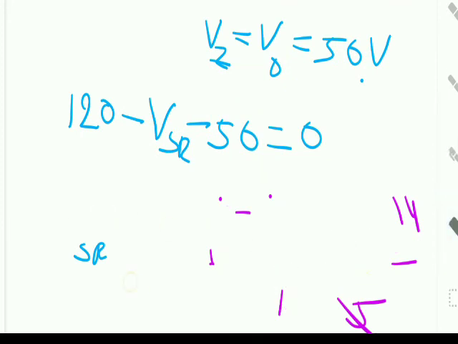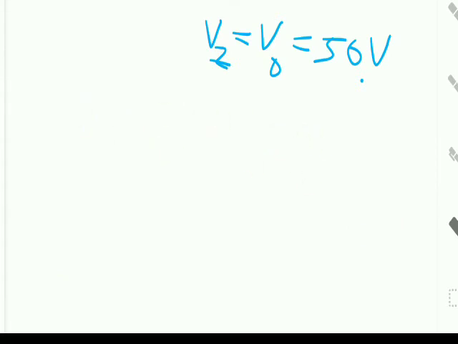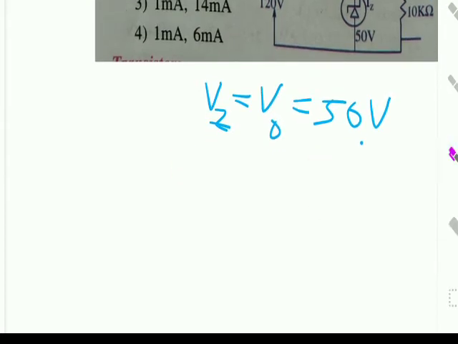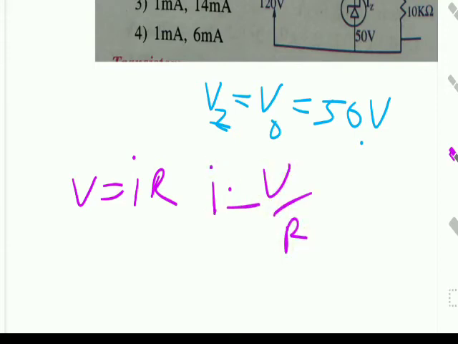Now solving for the load resistance. How much current is passing through the load resistance? Here the potential difference is 50. So V is equal to I into R, I is equal to V by R. V is equal to 50, R means 10.